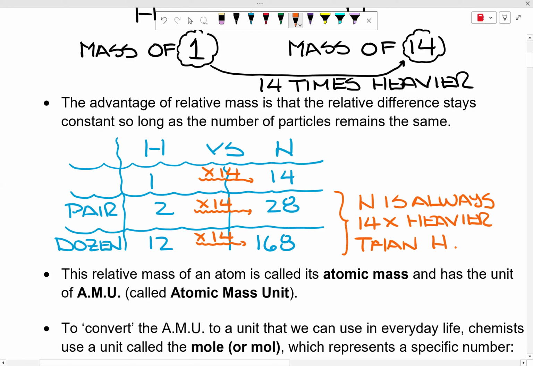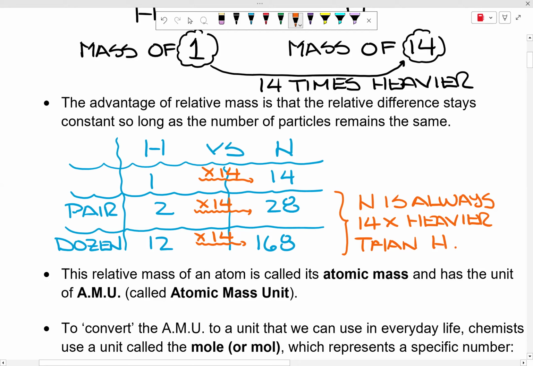Notice that the ratio stays constant so long as we have the same number. If we had a pair of hydrogen, we compare it to a pair of nitrogens, and it's always going to be 14 times heavier. If we had a dozen hydrogens versus a dozen nitrogens, it will always be 14 times heavier.